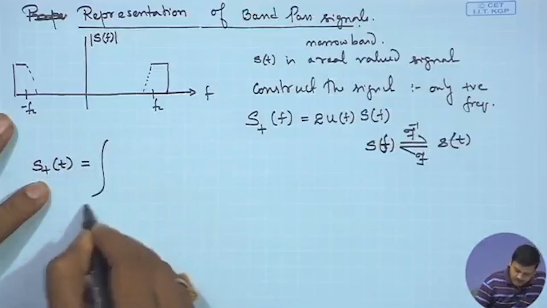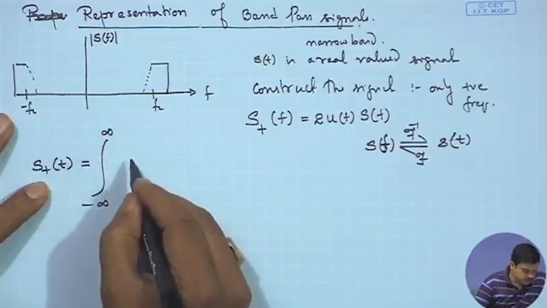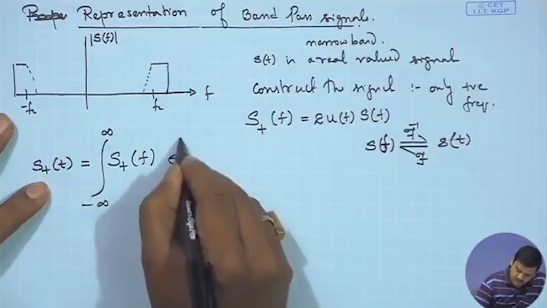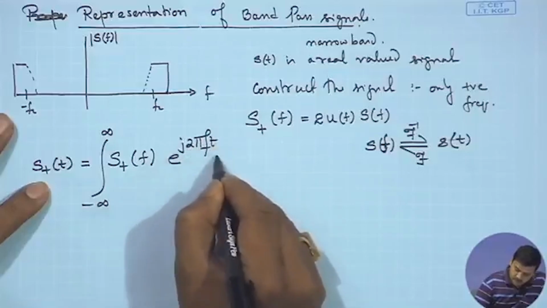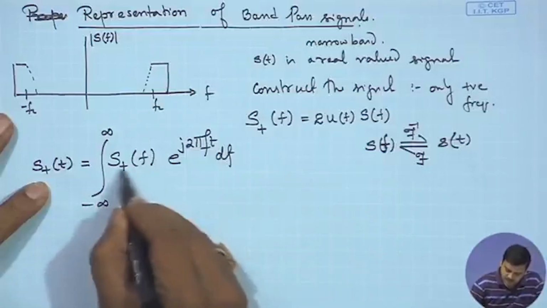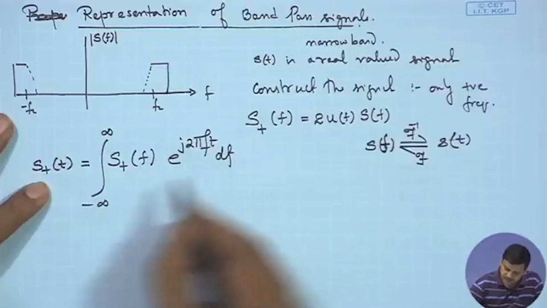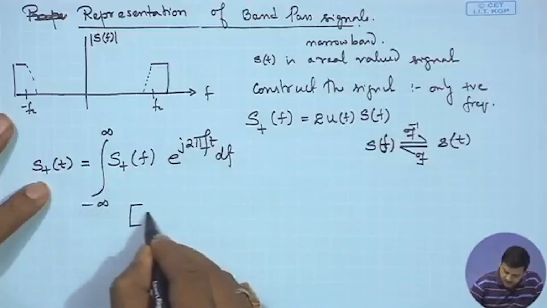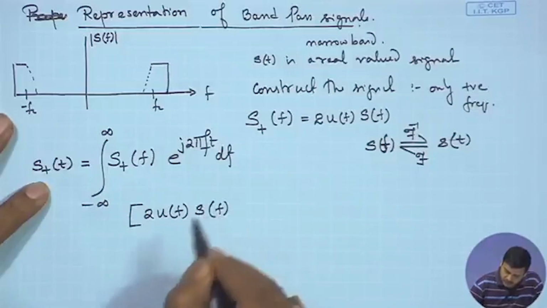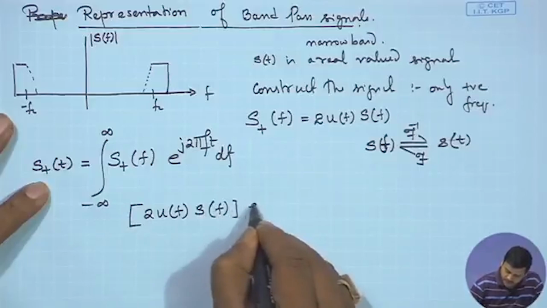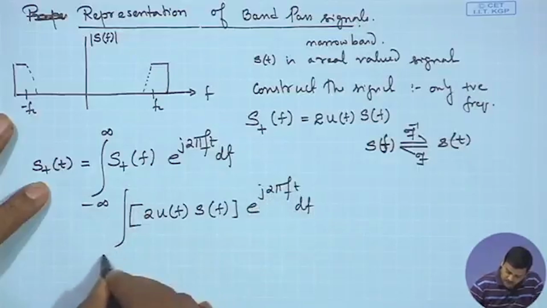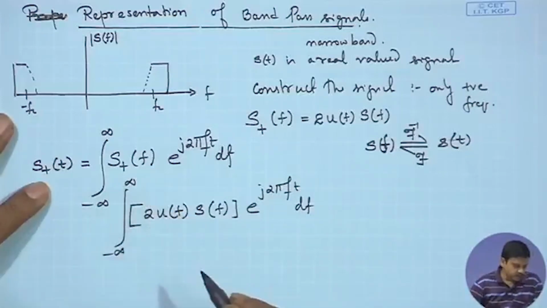To obtain that, we take the integral from minus infinity to infinity of S plus of f e to the power of j 2 pi f t df. If we have S plus of f, we replace it by the same term: 2 u of f times S of f and e to the power of j 2 pi f t df, integral from minus infinity to infinity.